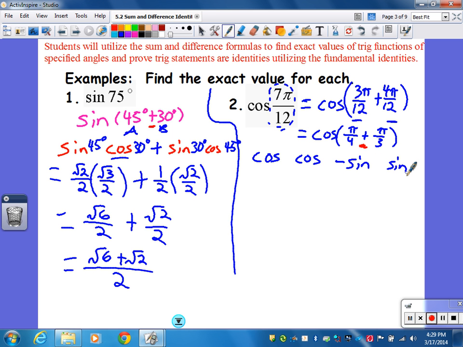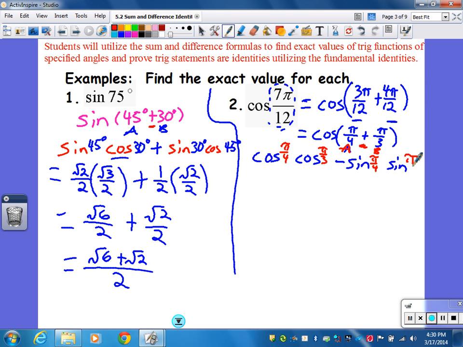Okay, now we need to have an A and a B. Well, I have an A right here and a B right here. So now we just put those numbers into the spots that we know. So we have pi over 4, pi over 3, pi over 4 again, and pi over 3.